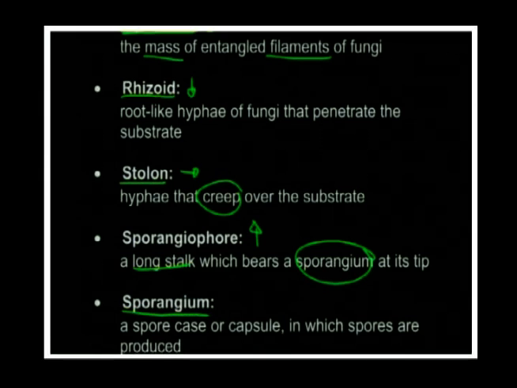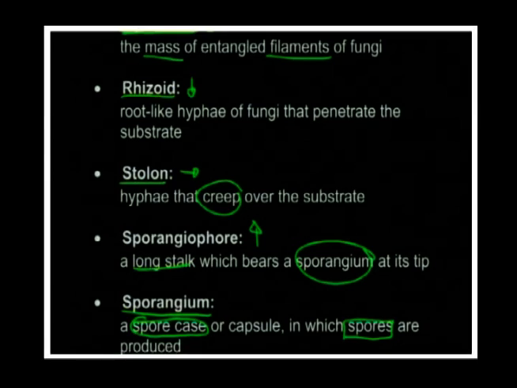Sporangiophores are important because they're going to hold the sporangia right high up off the surface of the bread. I'll tell you what that's going to mean in one sec. A sporangium is a spore case or spore sac. Inside the spore sac are spores.